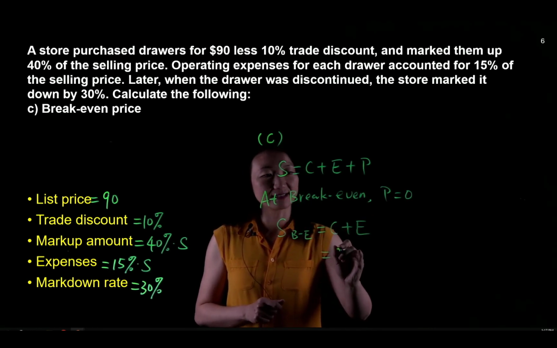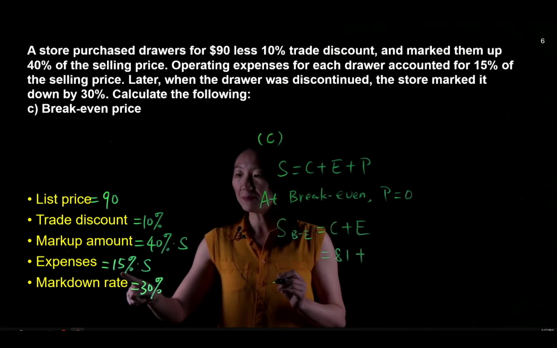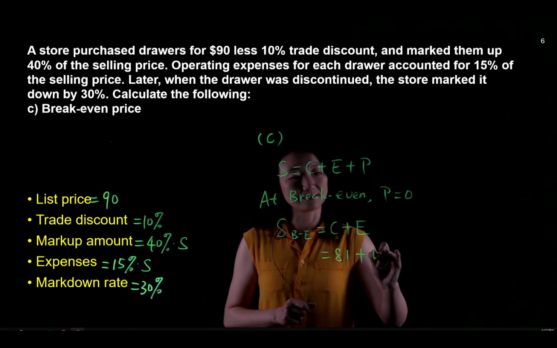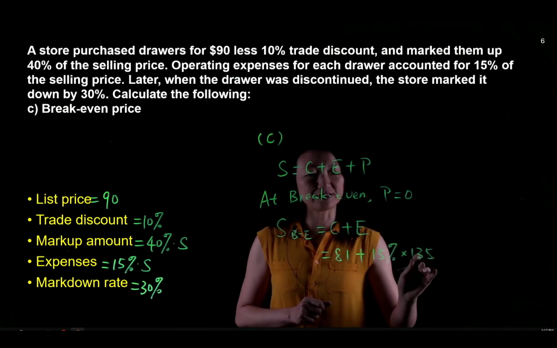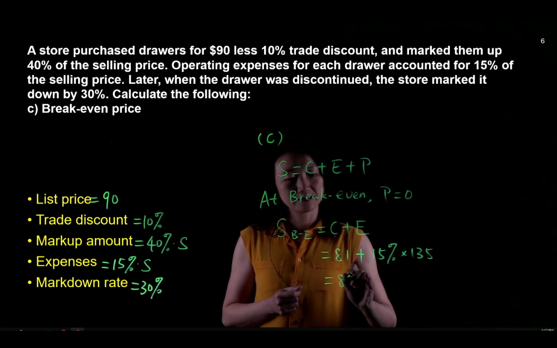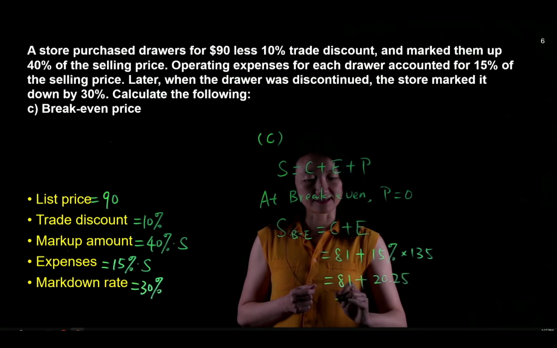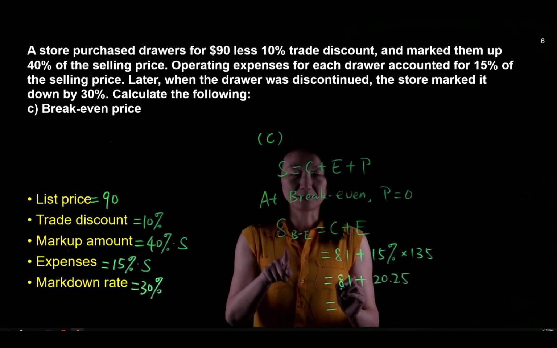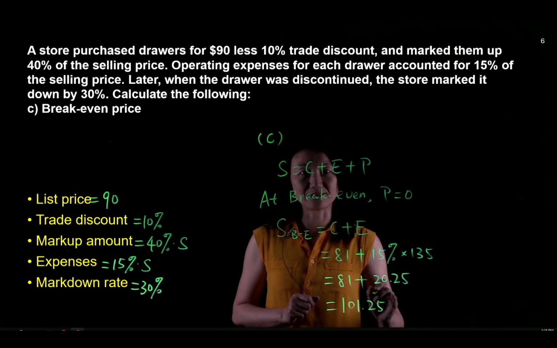And the cost is known as $81. Expenses is 15% of the selling price. And the selling price is $135, which we calculated in question B. So that's $20.25. Therefore, the break-even price is $101.25.